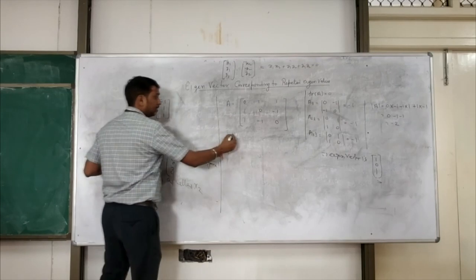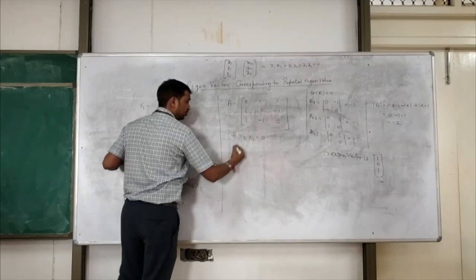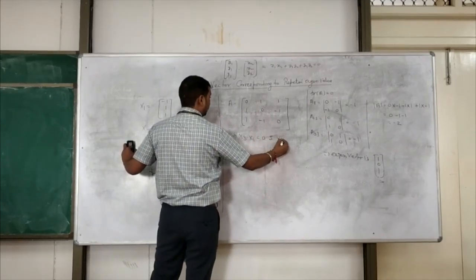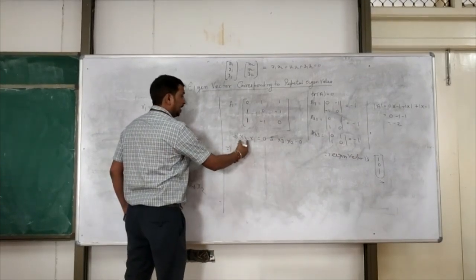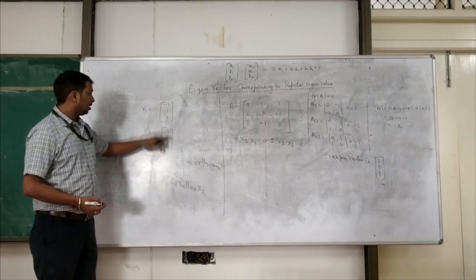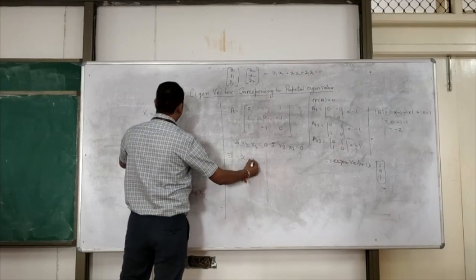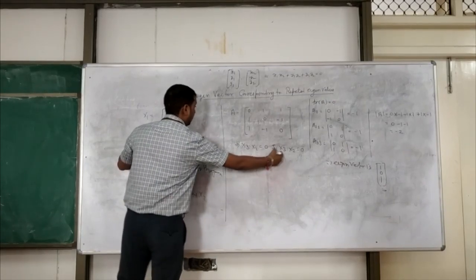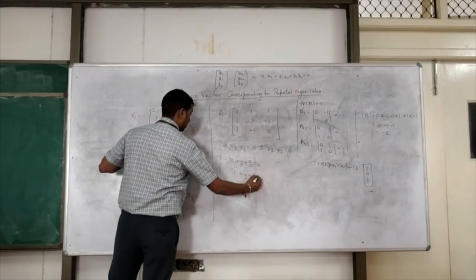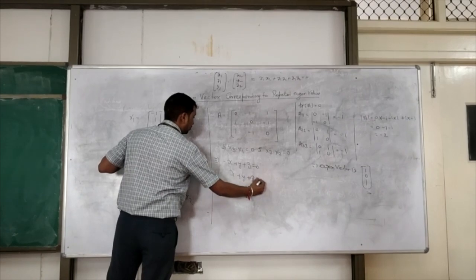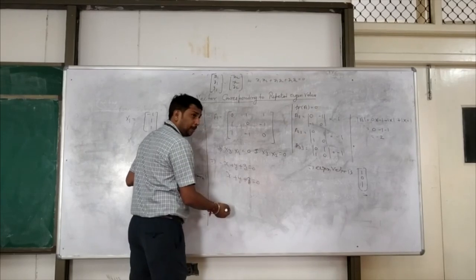It means x3 dot x1 is 0 and x3 dot x2 is 0. x3 dot x1 equal to 0 means minus x plus y plus z equals 0. x3 dot x2 equal to 0 means x plus y plus 0z equals 0. Correct? Now solve by cross multiplication.